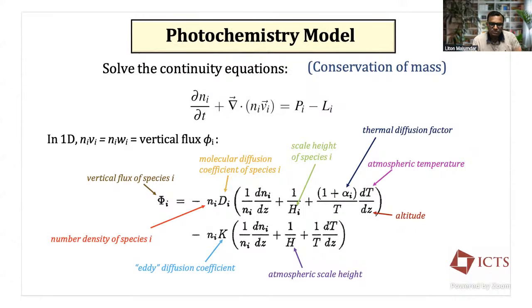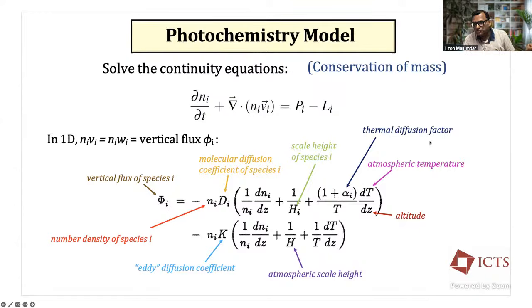If you do some simple diffusion calculations, then this phi term, which is basically the vertical flux of species i, depends on the molecular diffusion coefficient for each species, then the scale height of the species you are interested in.